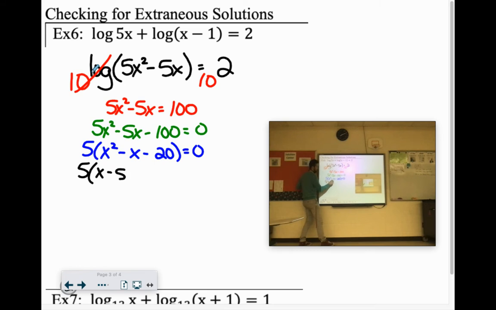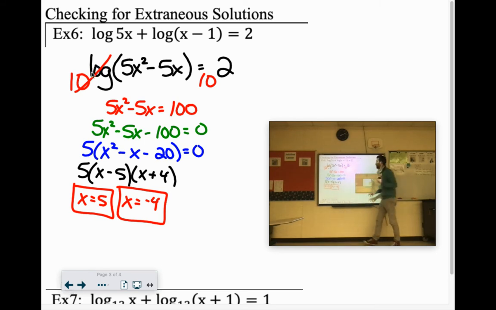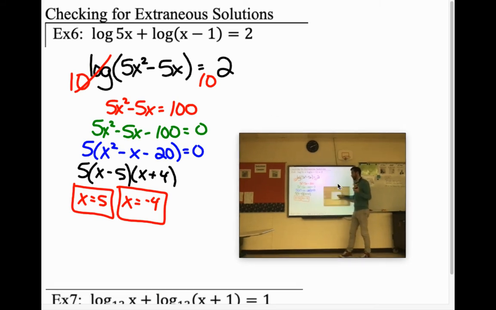So (x minus 5)(x plus 4), which will give us two answers here: x equals 5, and x equals -4. Now, it's okay if we end up with two answers, but you do want to check them because oftentimes in these problems, one of them won't work.